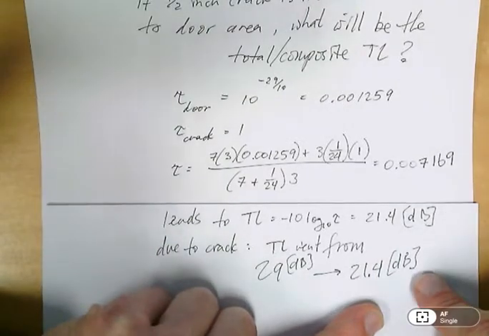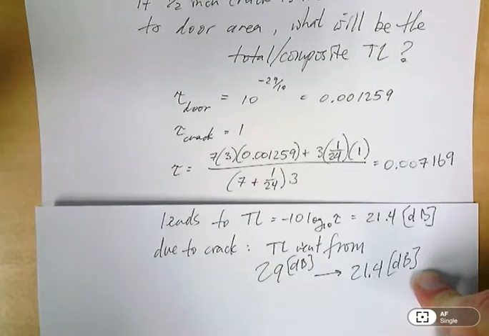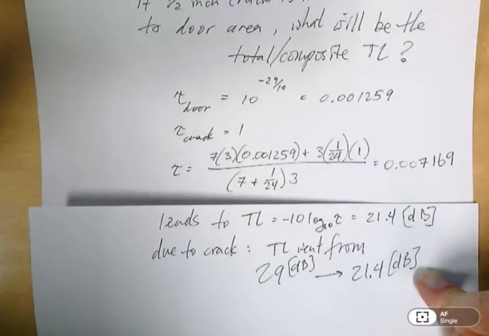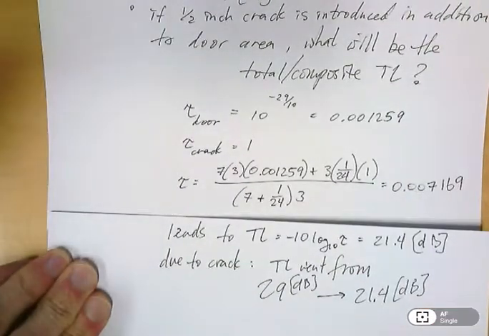So a very large drop in excess of 6 decibels there, 7 decibels there. Once again, the weak links, and in this case, ineffective fabrication, very likely, or installation, can lead to a very significant reduction of the transmission loss.